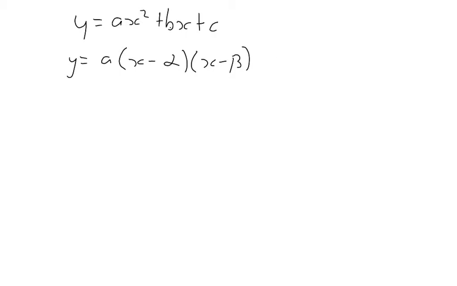Now remember, a cannot equal 0, because if a equals 0, then the whole equation equals 0. What will this graph look like? Sketching it, you have your y and x axes, and it might look something like this.